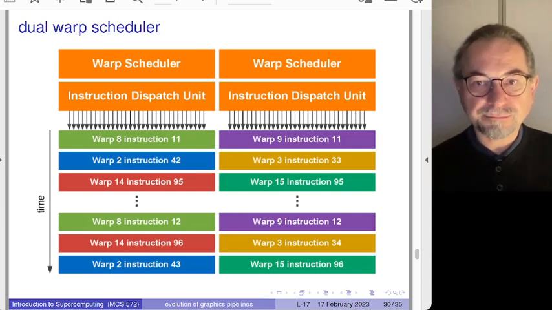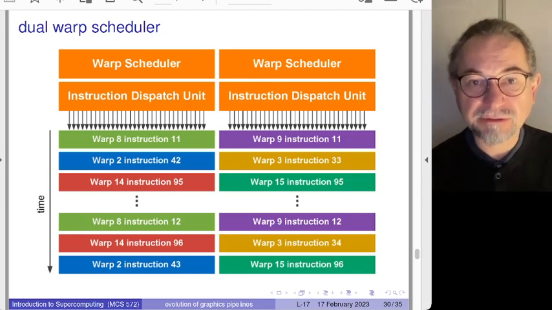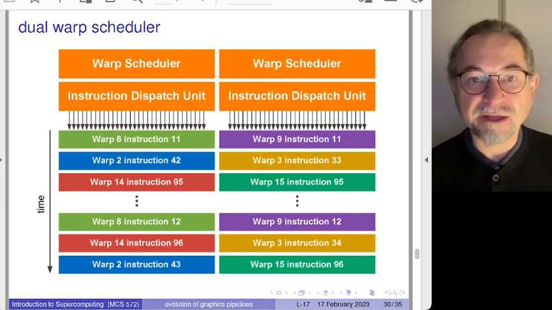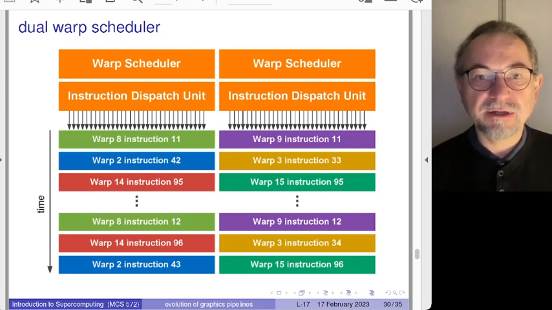In order for the GPU to become fully occupied, one must have sufficiently many instructions scheduled, because sometimes an instruction is prevented from execution because it's waiting for data. Here you see one schematic of the scheduling that is happening.